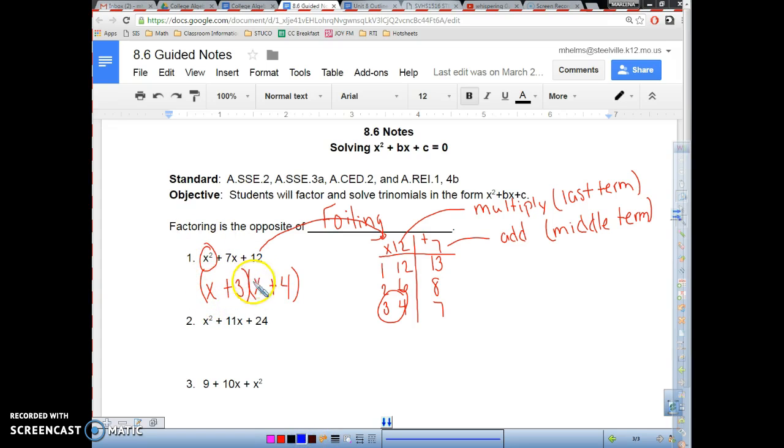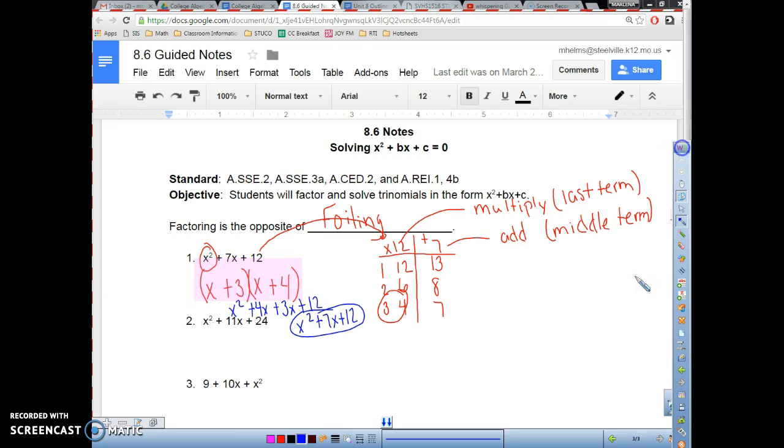First, x times x is x squared. Outer, x times 4. Inner, 3x. And last, 3 times 4 is 12. Combine like terms, and you have x squared plus 7x plus 12. So our answer for this problem, because they do match, it does work, is x plus 3 and x plus 4.